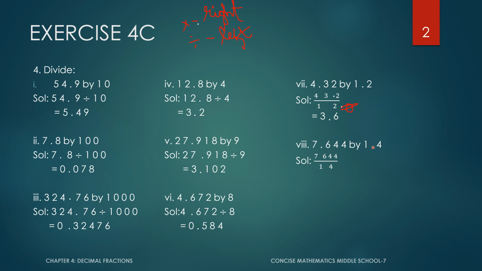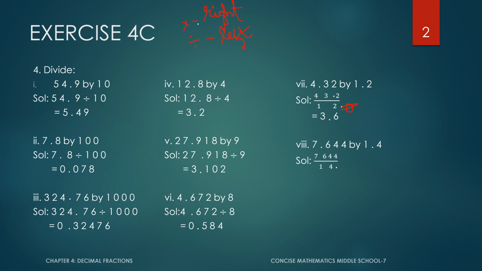Even here we are going to divide the two decimal fractions. Now look here, children. The point is over here, 1.4, and even here it is 7.644, right? Here I am moving only 1 point towards the right side, because if you get it over here, then only you can remove this point.